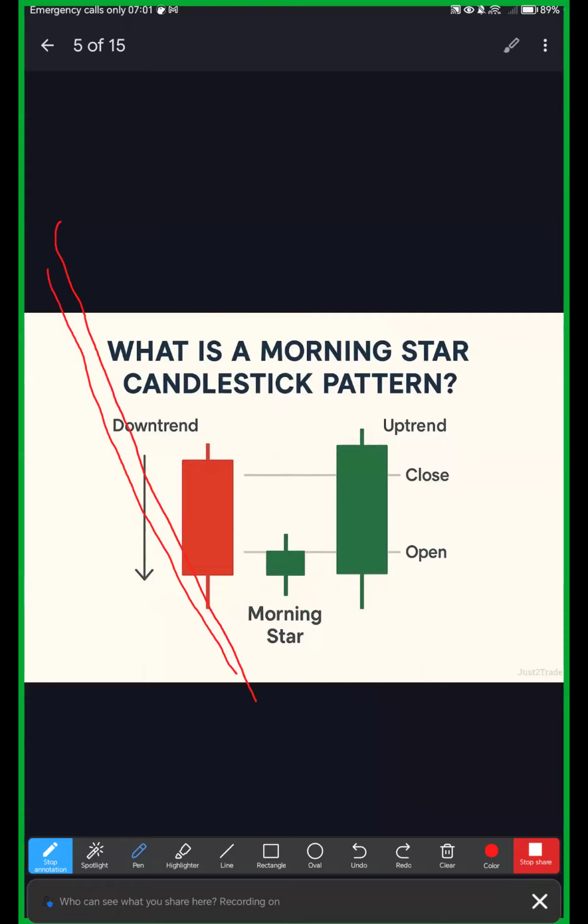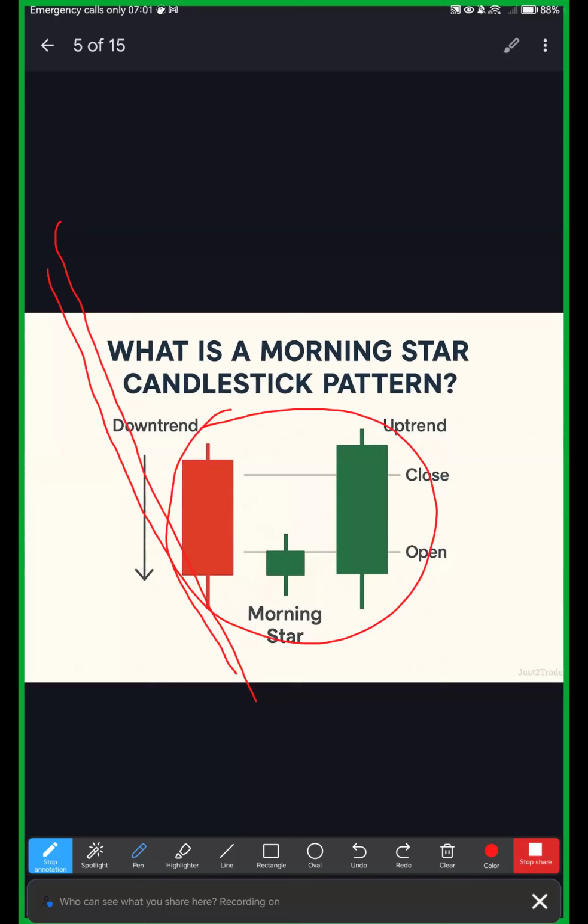Remember, we want to have a good, beautiful trading day with some profits, especially when you are looking at the uptrend of the market. So here we are at the bottom of a downtrend. That's where you are going to locate this composition of candles. They are 3 in pair.